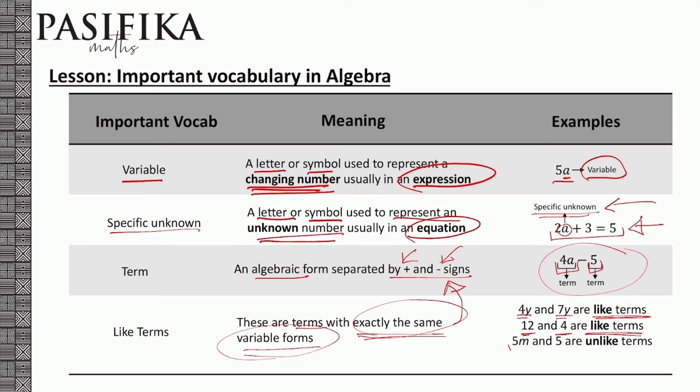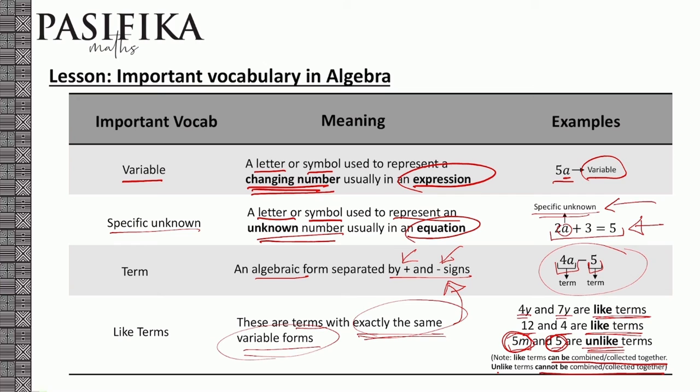However, 5m and 5 are unlike terms. They're not exactly the same variable form. You notice in 5m, we have a variable attached, whereas over here, this is a constant. Now, just to note, like terms can be combined or collected together, whereas unlike terms cannot be combined or collected together.